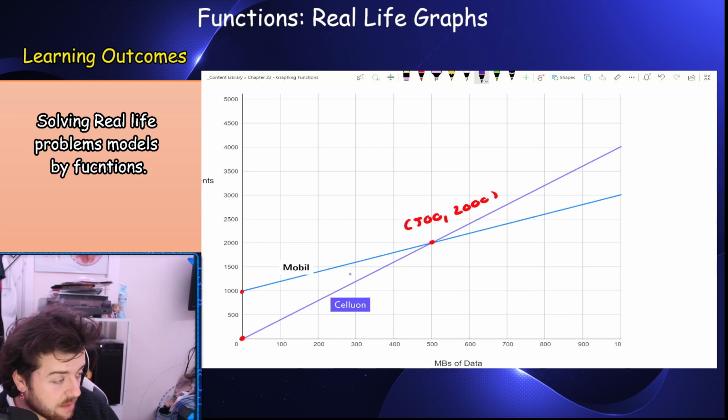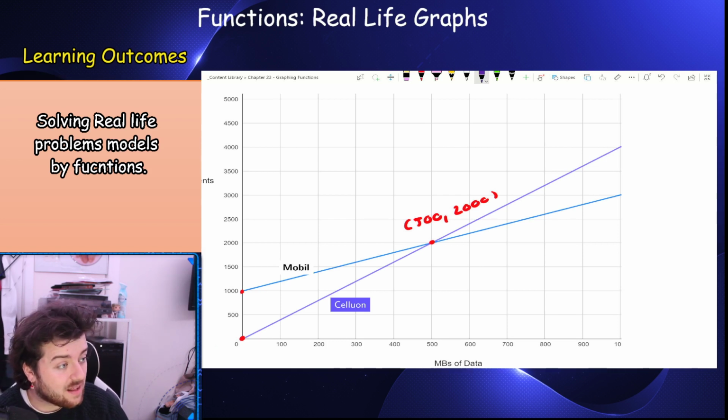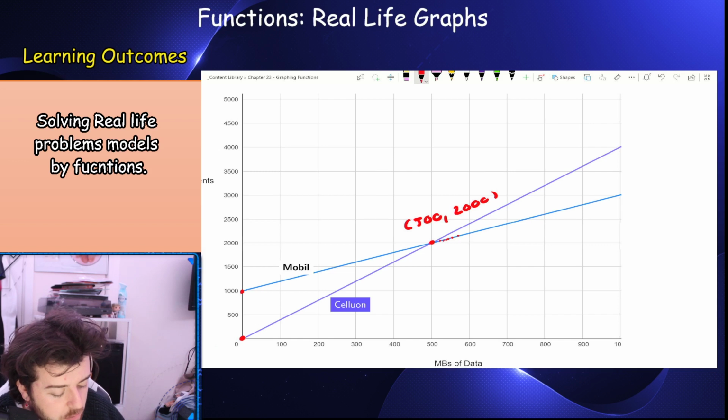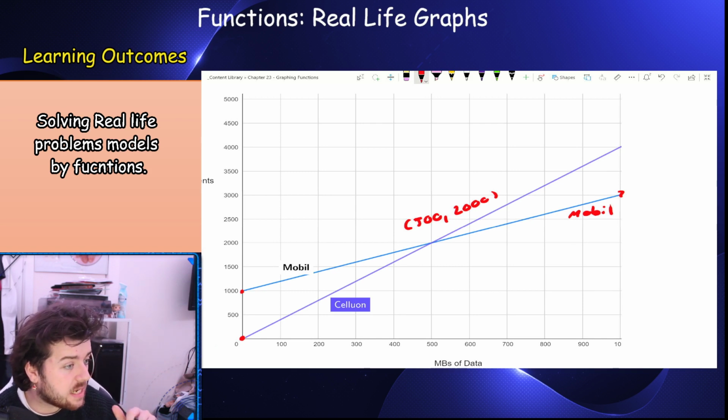it's beneath Mobile. So if he uses less than 500 megabytes of data a month, he's better off going with Cellulon. However, if he thinks he's going to use more than 500 megabytes of data, if we look at my graph here, then he's probably better off going with Mobile, because Mobile is now lower than Cellulon after 500 megabytes.